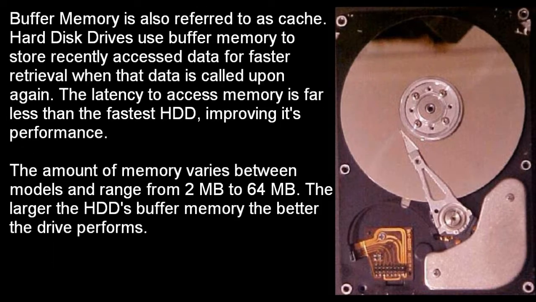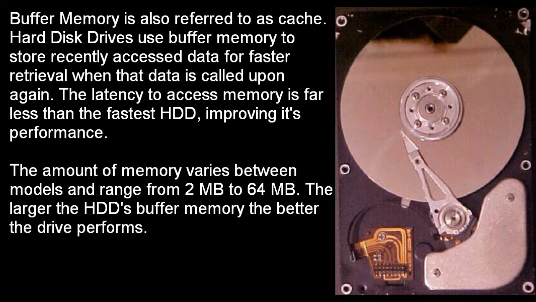Next, we have buffer memory. This is also referred to as a cache, however you want to pronounce it, but it's a little buffer. Hard disk drives use this buffer memory to store recently accessed data for faster retrieval when that data is called upon again.